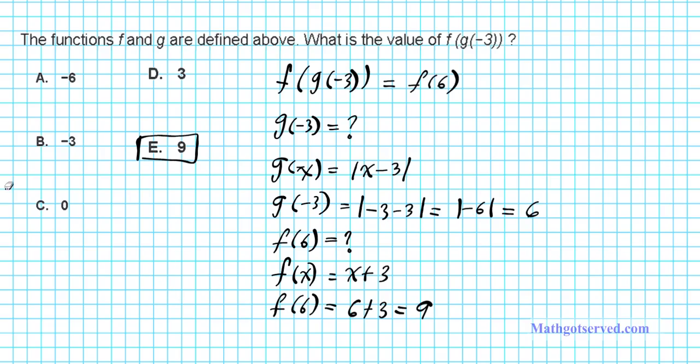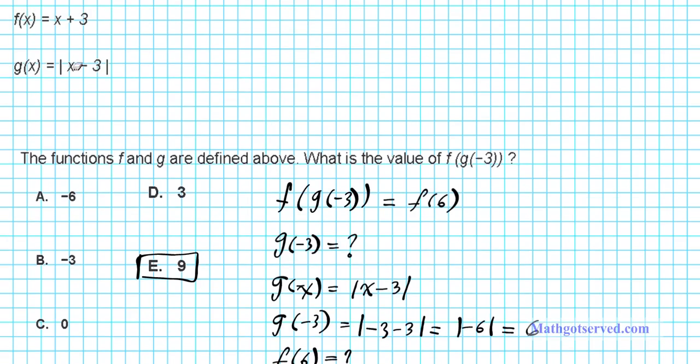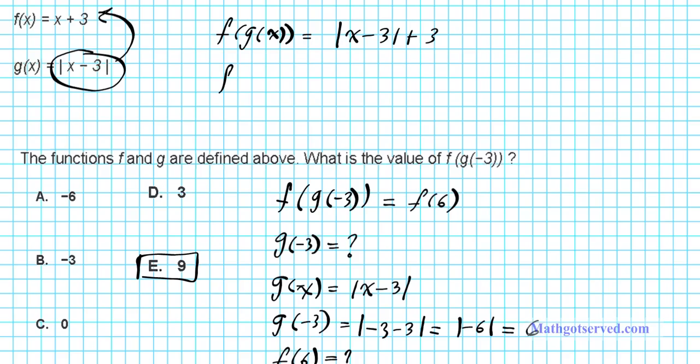The other way of doing it, you just simply plug in g into f. So you find f of g of x. If you do that, you have the absolute value of x minus 3, plus 3. And then you find f of g of negative 3, which involves plugging in negative 3 into this expression.